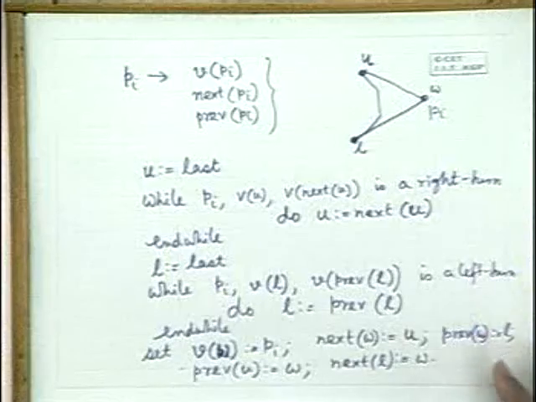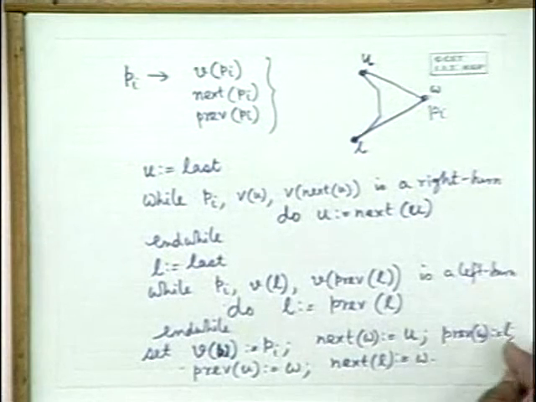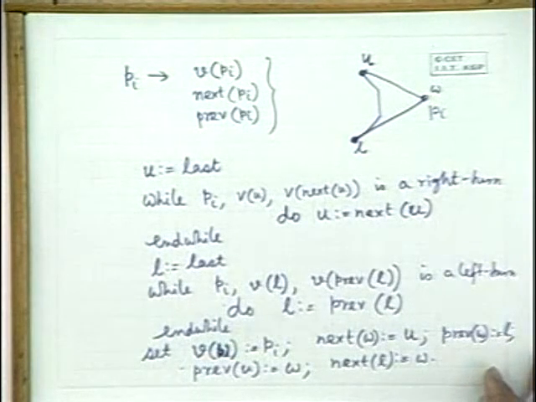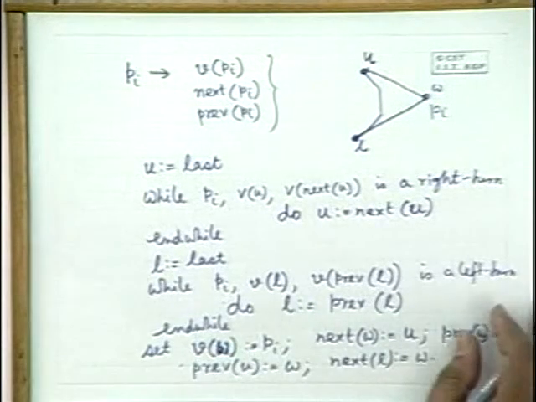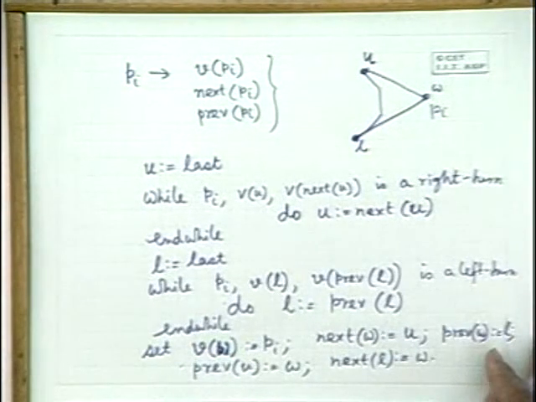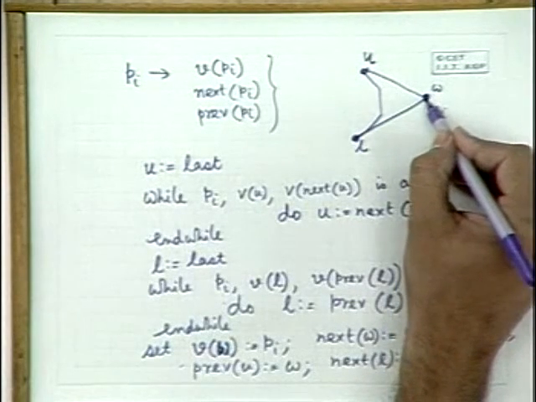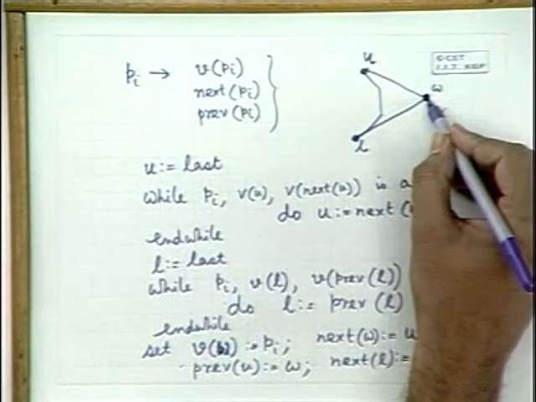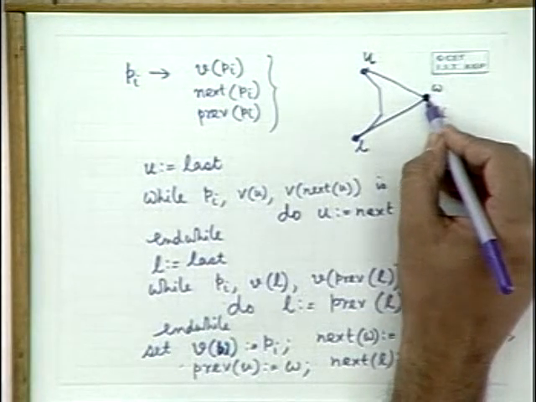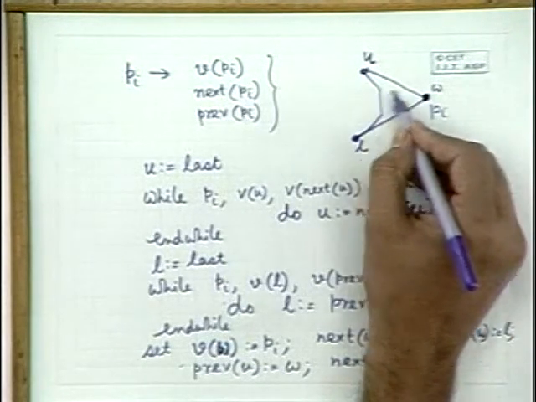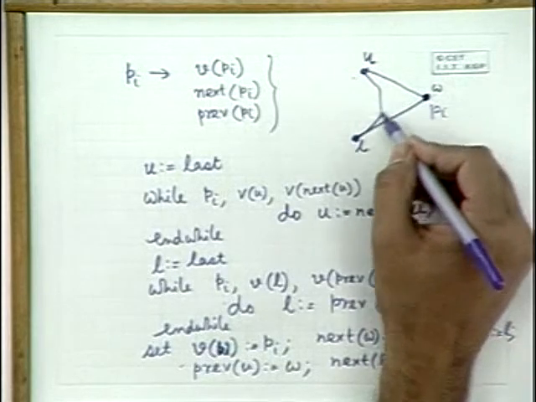Now let us see how much time this takes. Somebody has already observed that it is n square. Why is it n square? At each point pi, we are going to walk up or walk down.